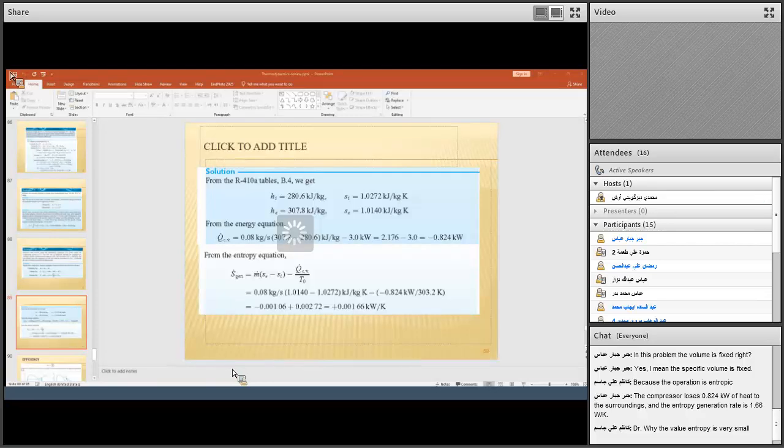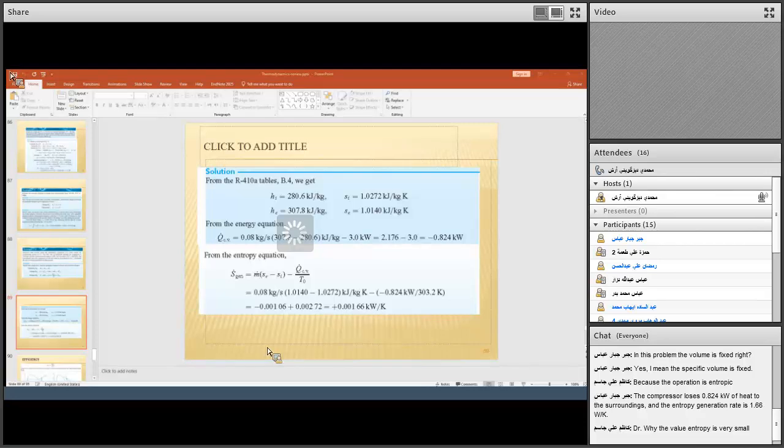Question: the compressor loses 1 point of heat to the surroundings and entropy generation is 1 point? No, entropy generation is 0.00166 kilowatt per Kelvin.